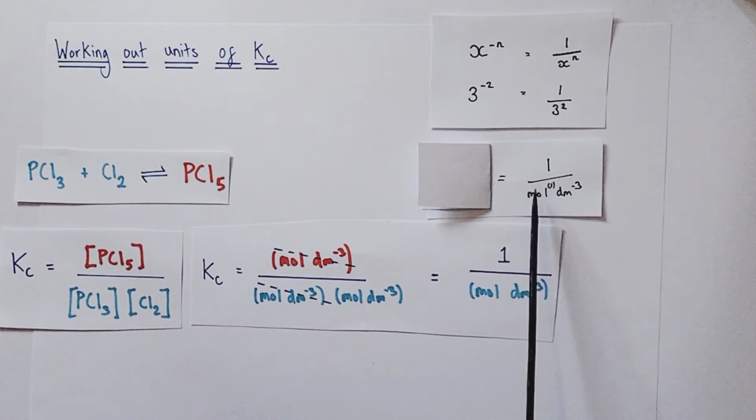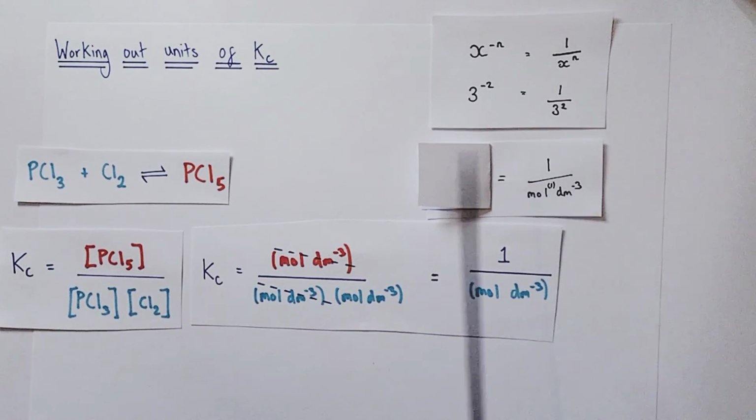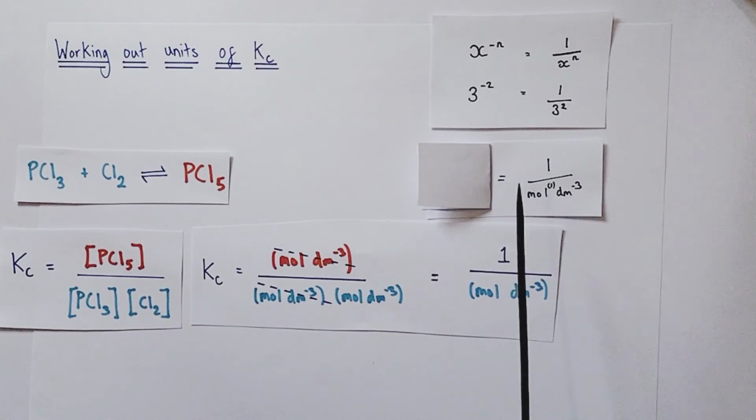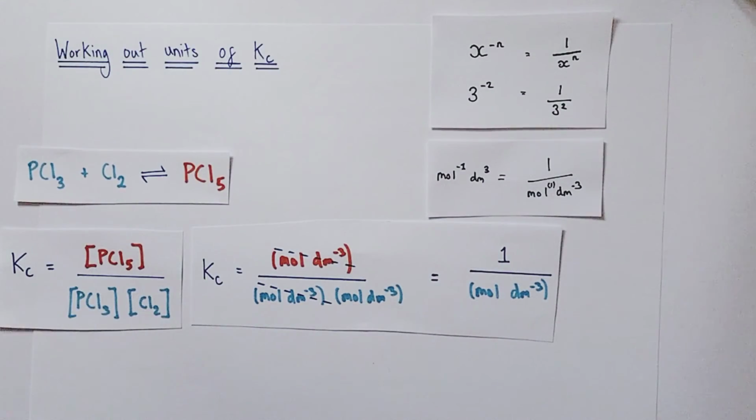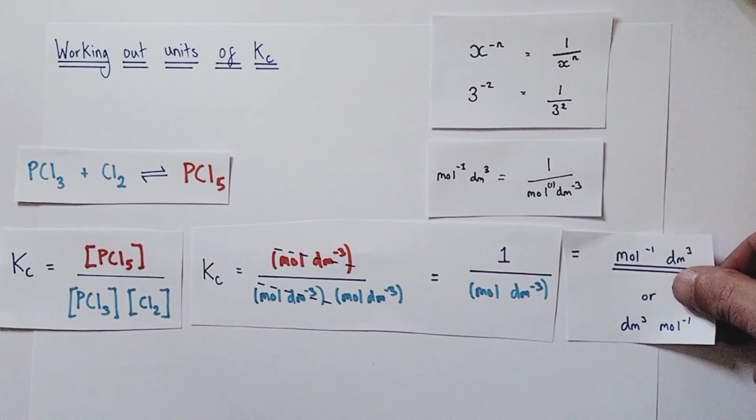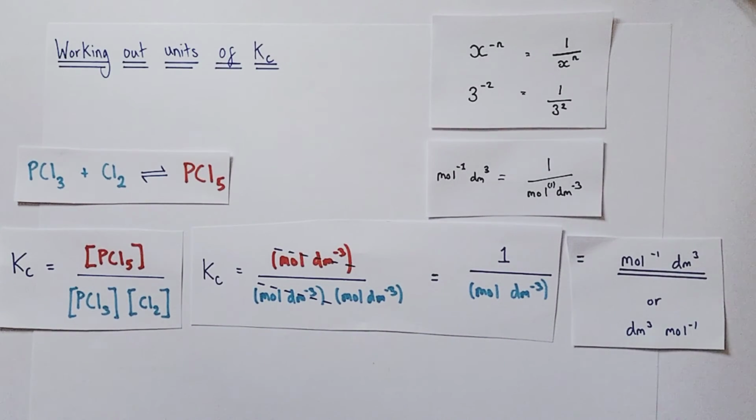So that would be mole to the minus 1 dm3, which is the inverse of 1 over mole dm minus 3. And that is what we're going to present in this question for our unit: mole minus 1 dm3. And it could be written either way around. dm3 mole minus 1 is exactly the same as mole minus 1 dm3.